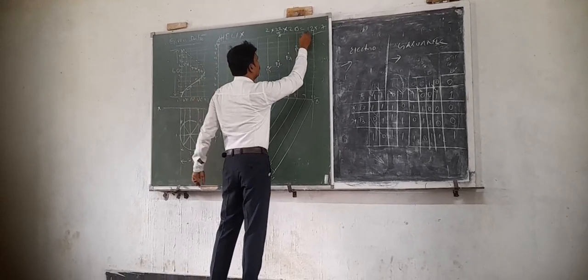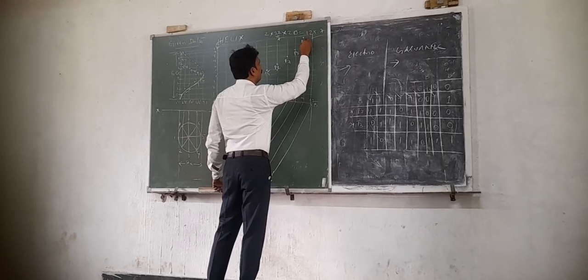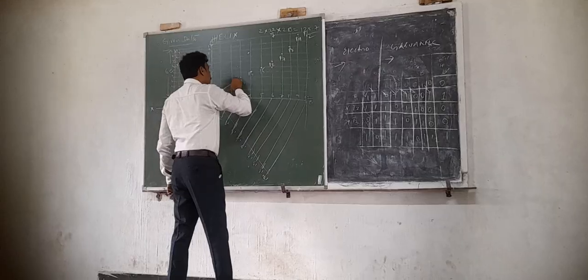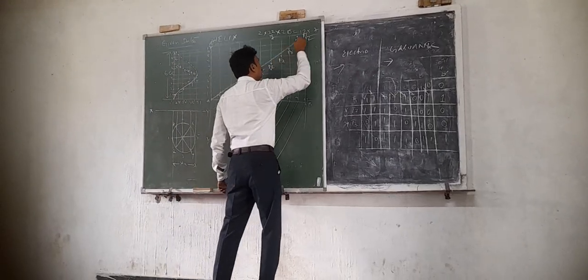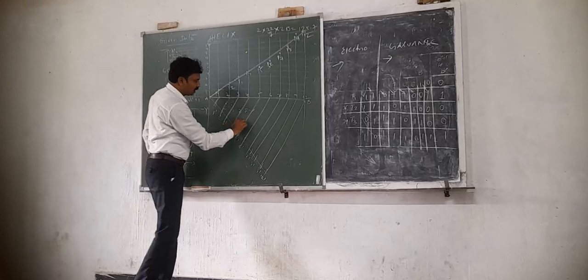P8. Continue this process until you get all the points up to P11 and P12. Join all these points P1 to P12, and you get a straight line diagonally. This is the development.